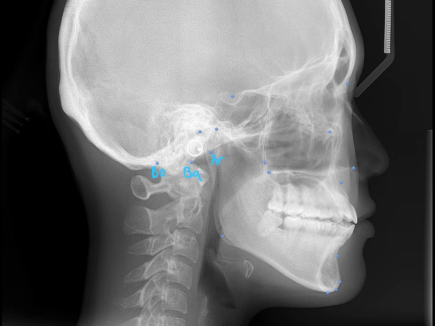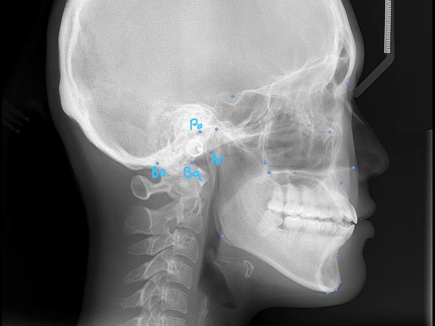Next point is the porion, which is up here, PO for short, and that's the highest point of the external auditory meatus. That's the outer ear opening. And this part is the ear rod of the cephalometric machine. So we would imagine that's pretty close to porion, which is the outer ear hole in the skull.